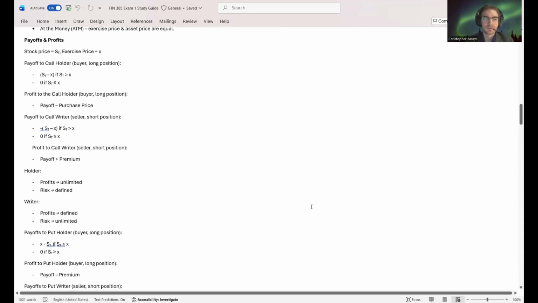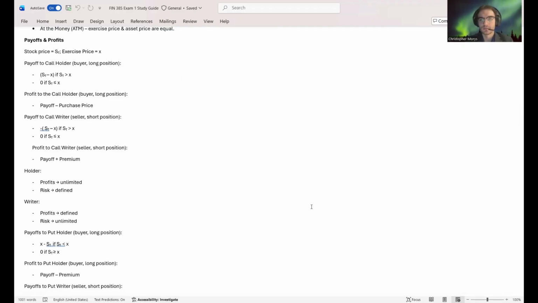So payoffs and profits. Here are some equations I would remember for the exam. I mean, we're going to have a cheat sheet for the exam.